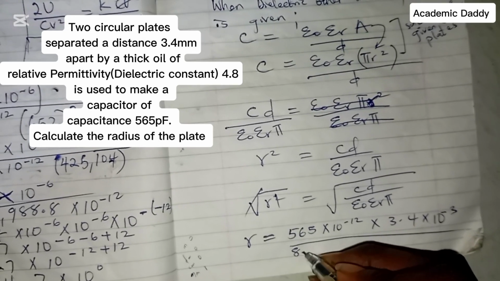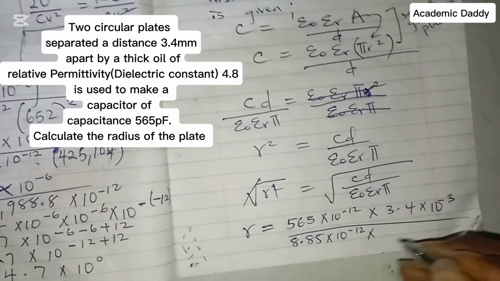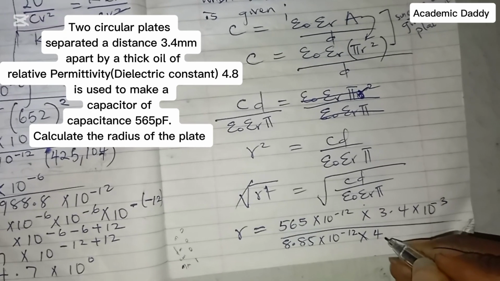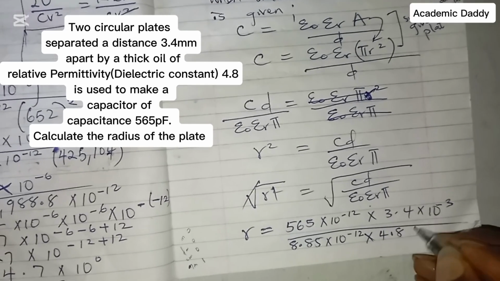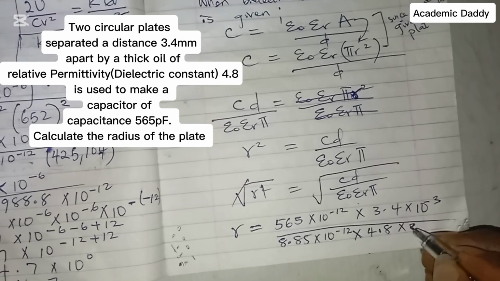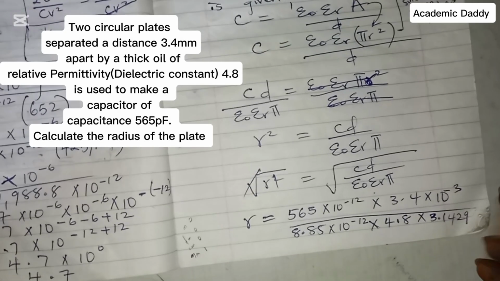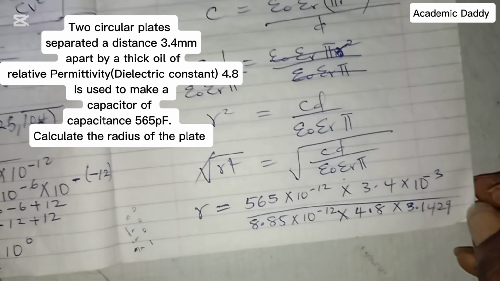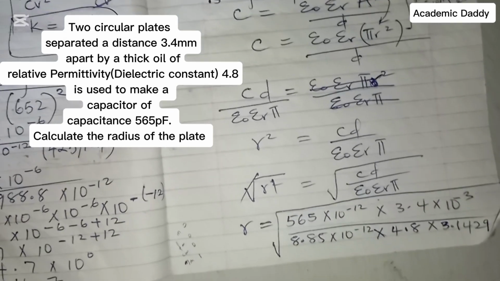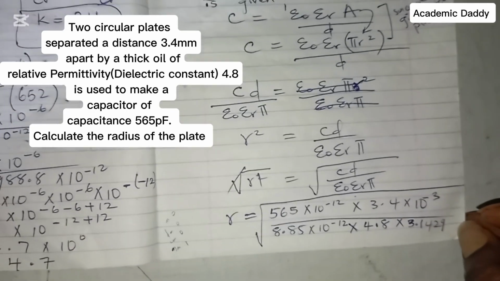Permittivity of free space is a constant, 8.85 times 10 raised to the power minus 12, times the dielectric constant given, 4.8, times pi, 22 over 7, which is 3.1429. Are you seeing it? So we'll now take the square roots.